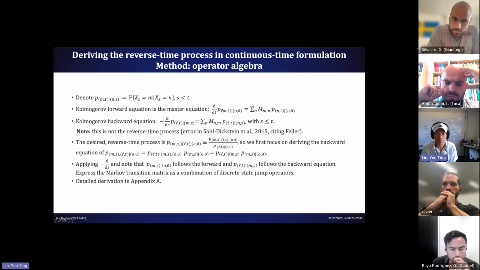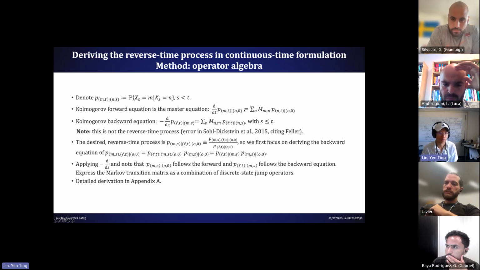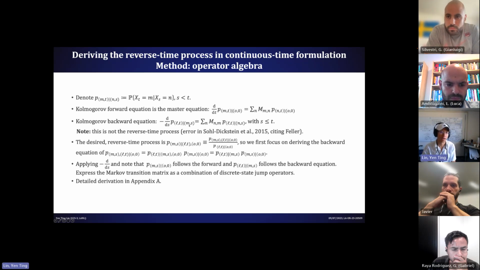So this is the typical forward Chapman-Kolmogorov equation you write down. Now there is a backward equation, where you give it the terminal state l and t, and now you want to see how the previous state m and s go back.